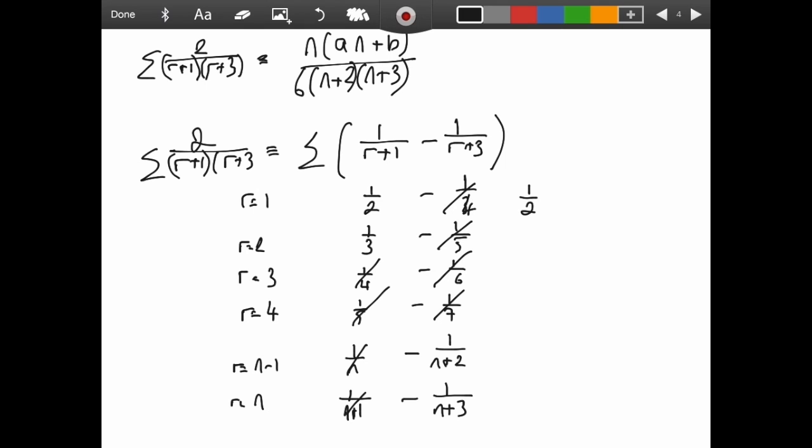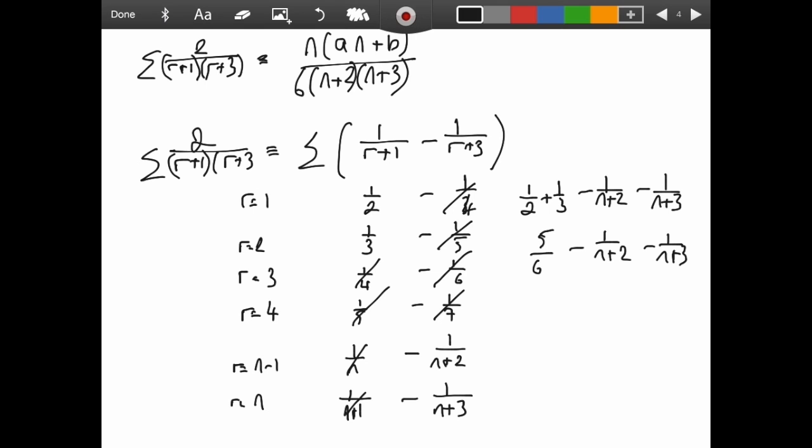So that leaves us with a half plus a third minus 1 over (n plus 2) minus 1 over (n plus 3). And all we've got to do now is to rearrange this. So we're going to get 5/6 minus 1 over (n plus 2) minus 1 over (n plus 3).